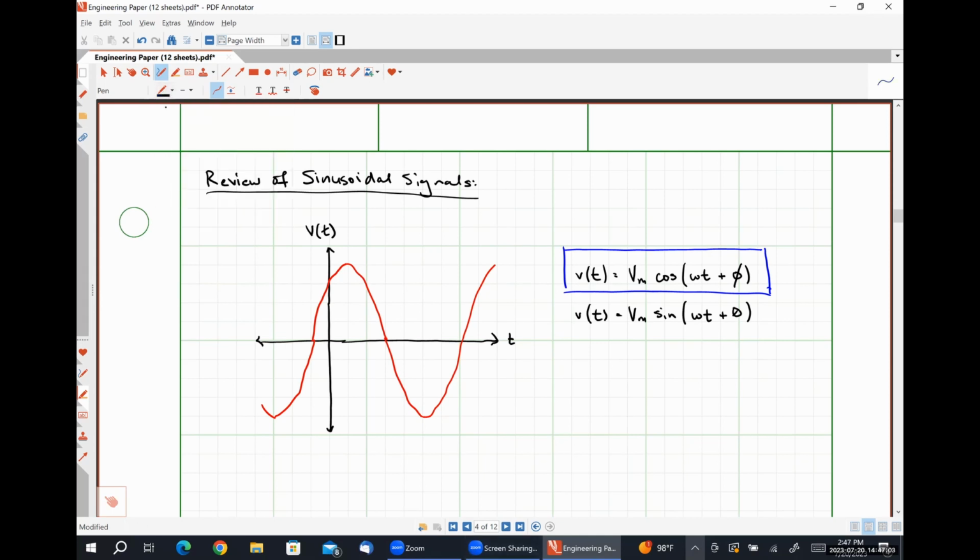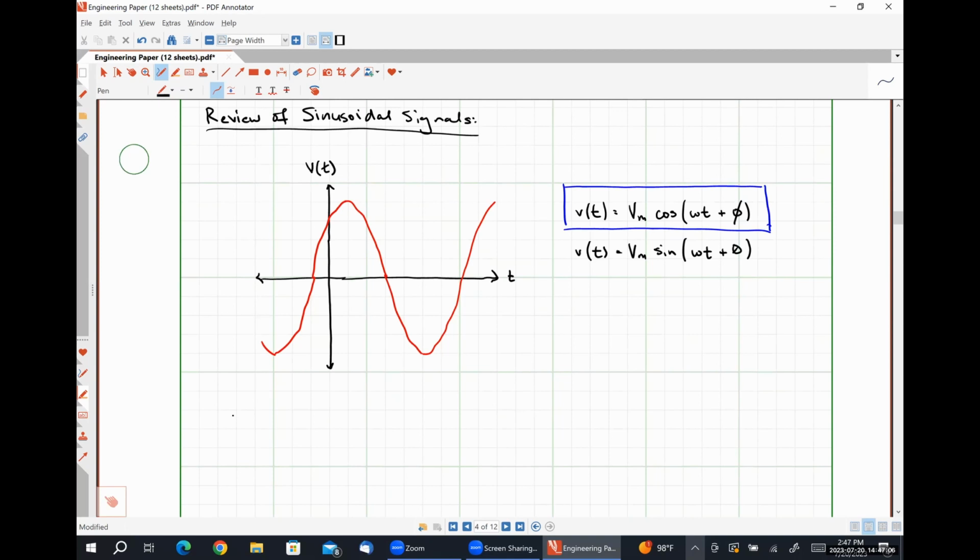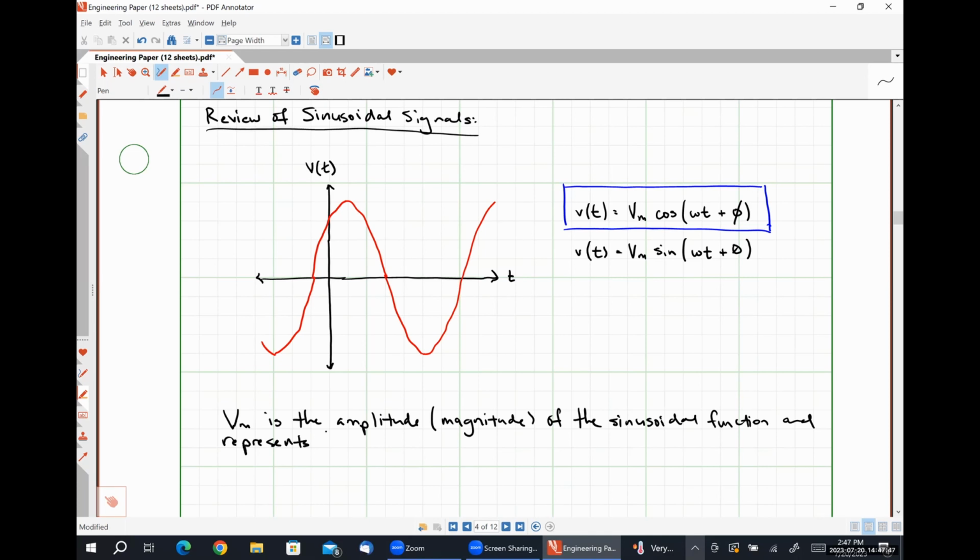So let's first talk about this quantity Vm. So Vm is the amplitude or magnitude of the sinusoidal function and represents its maximum value.